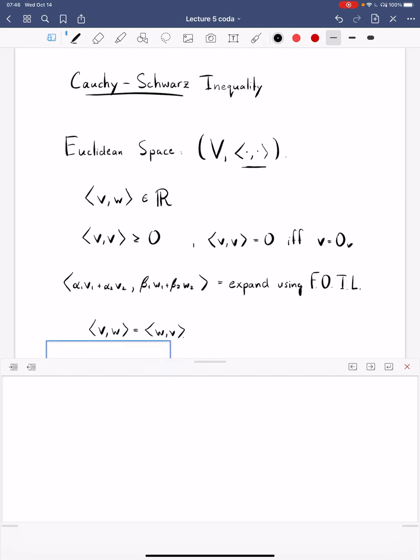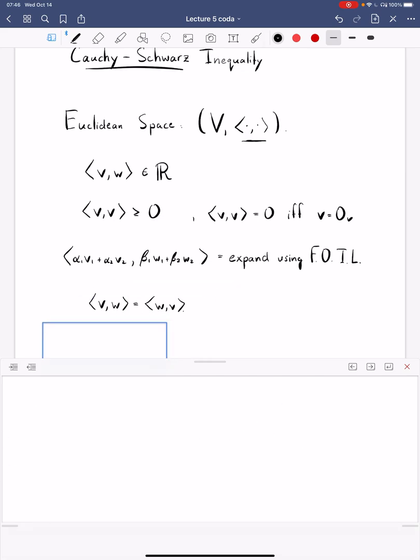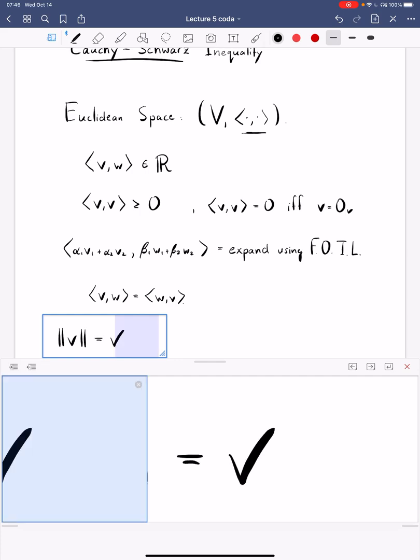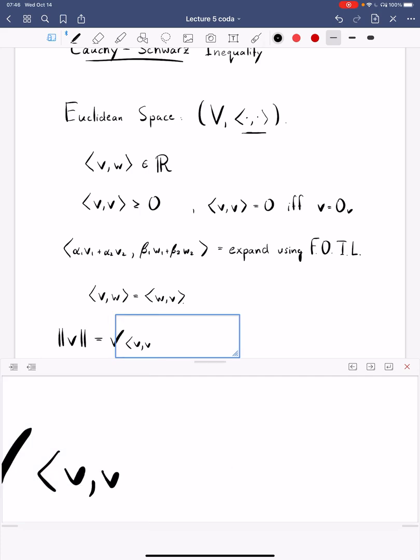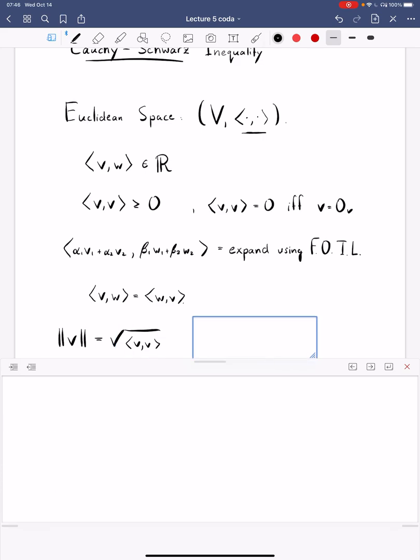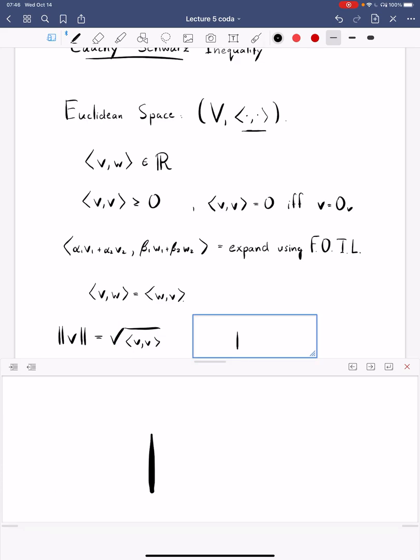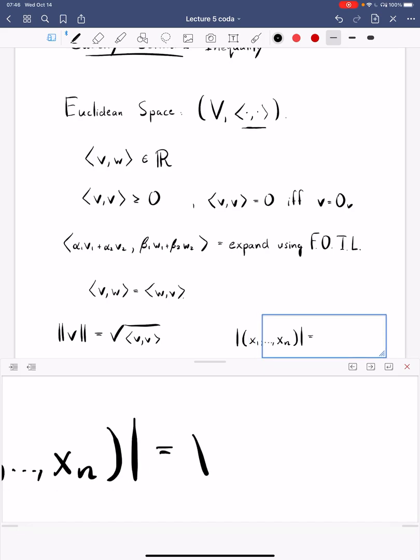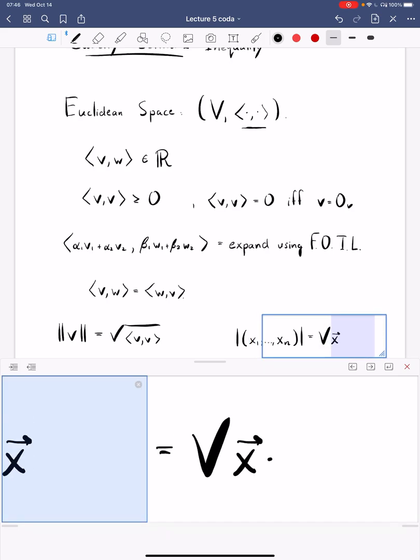Okay, and if you have a scalar product on your vector space, then you can define a notion of length, which is typically called norm. So the length of a vector V is the square root of its scalar product with itself, okay? And this generalizes the formula from high school algebra, which is that the length of a vector x is equal to the square root of x dot x, just in Rn.